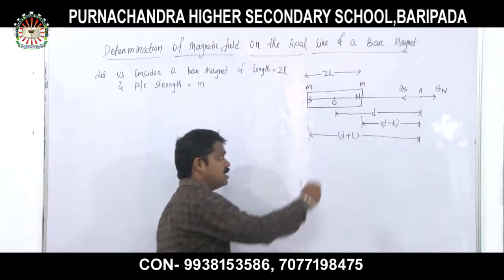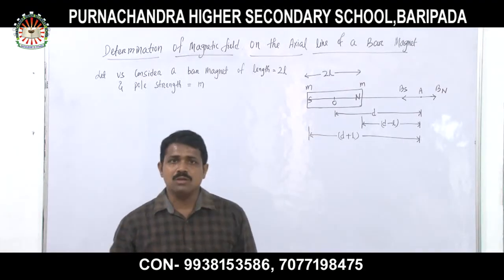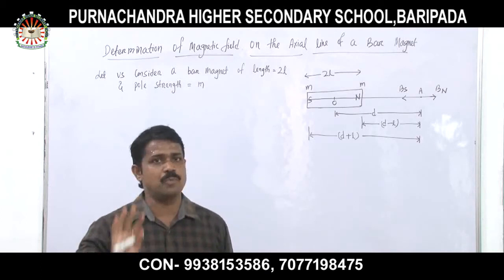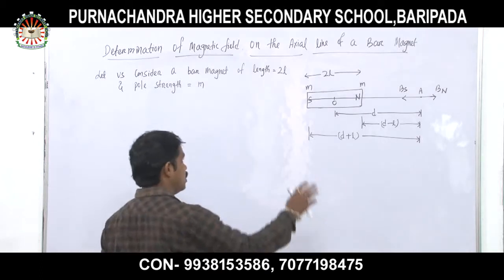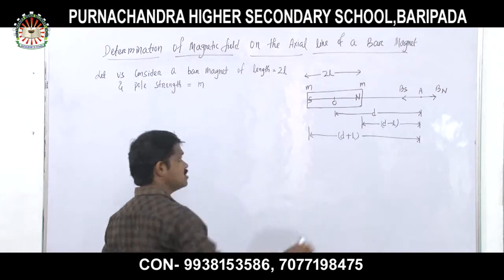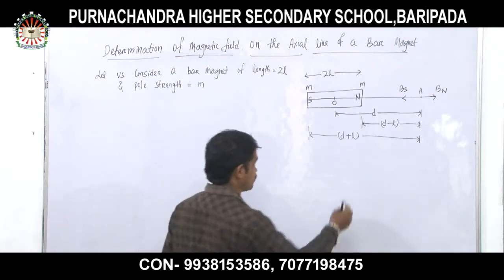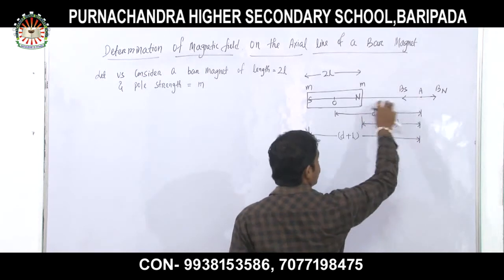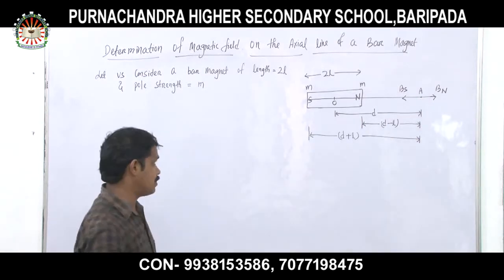Now, our aim is to find out the magnetic field due to this bar magnet at any point. So for this, let us take a point A on the axial line of the bar magnet.